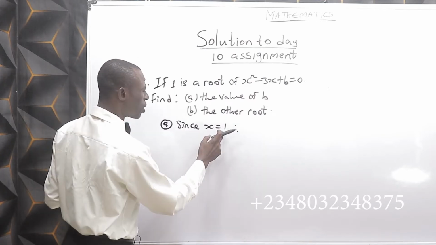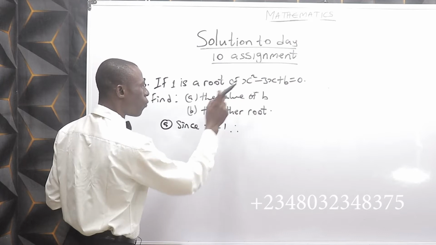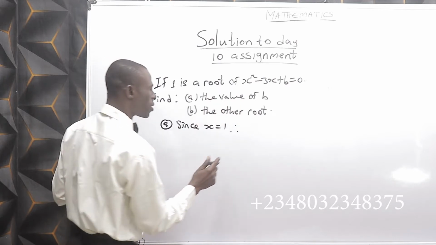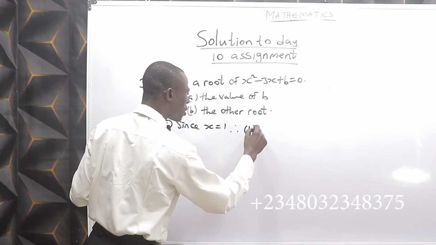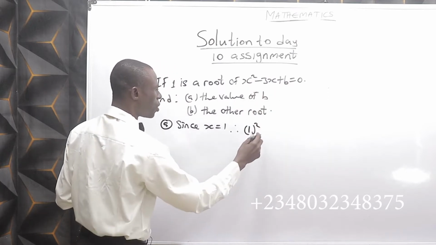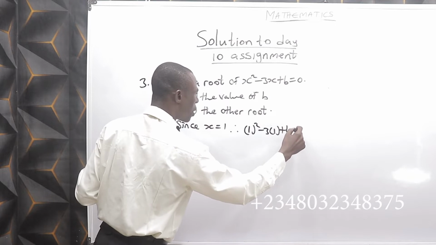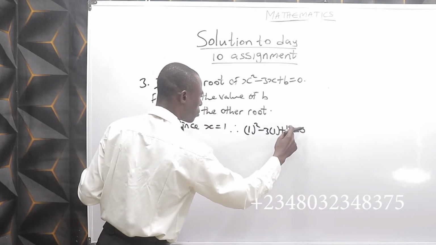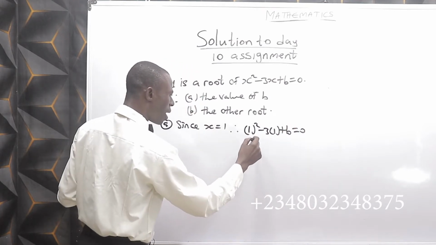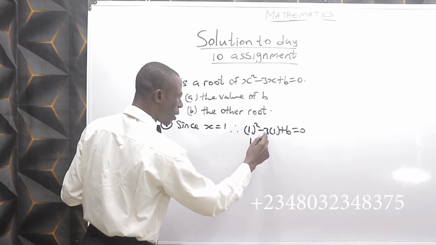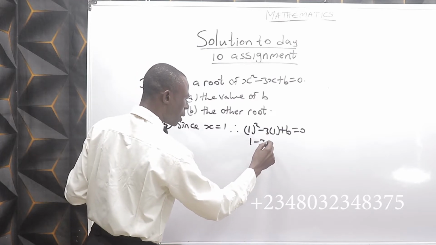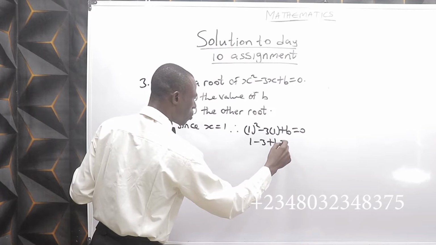Therefore, substituting 1 for x will be the next thing. You have 1 squared, minus 3 into 1 plus b equals 0. So 1 squared is 1, minus 3 times 1 is minus 3, plus b equals 0.